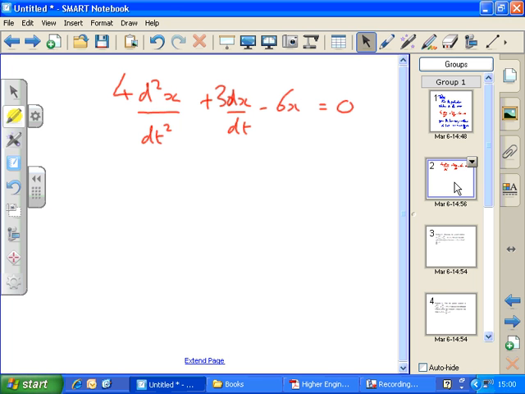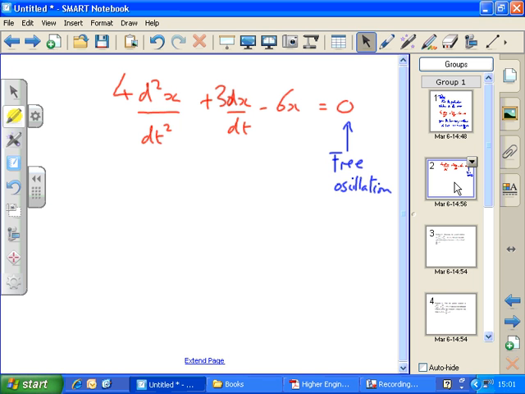Incidentally, it's also worth pointing out that because this right-hand side is 0, this means this is a free oscillation. You displace it and then you let it go and it oscillates, and that oscillation will die away to 0.